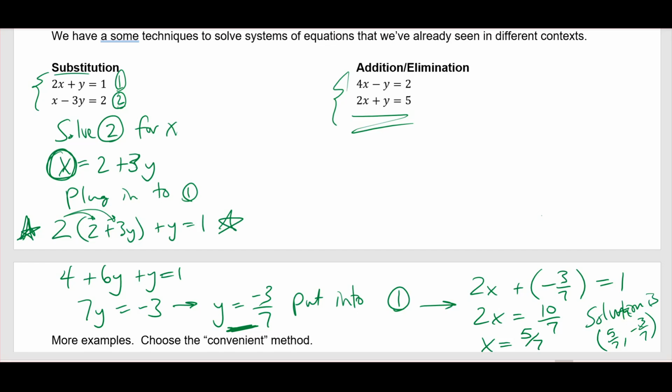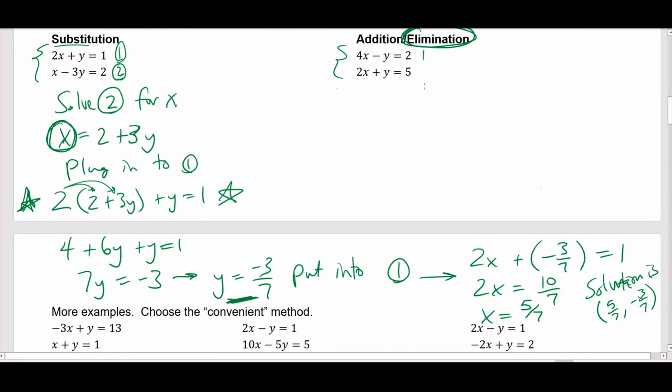So the moral of the story here is that if I add this side of the equation to this side of the first equation and this one to this one, we're going to come up with an equivalent equation, right? So if we can add these together in such a way as to eliminate one of the variables, that's the task here.